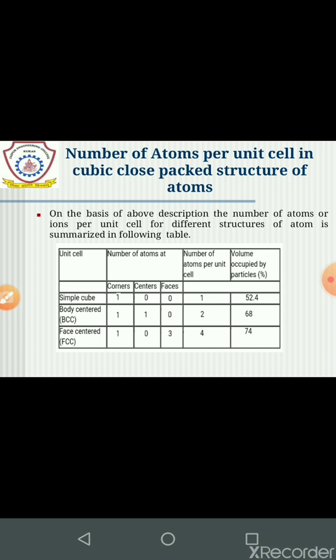If we talk about the volume occupied by the particles, in simple cubic it is around 52.4%, in BCC it is around 68%, and in FCC it is 74%.